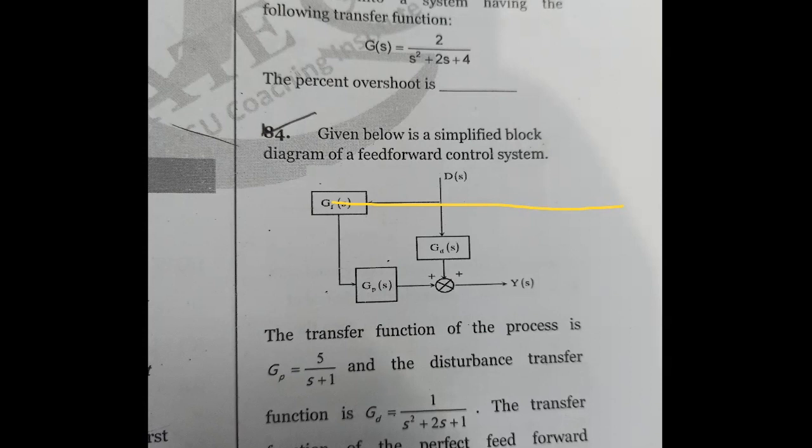They are asking what the options are. So obviously it is plus or minus GD divided by GP. So that GD transfer function, you will be able to write as (S plus 1) whole square. So S plus 1 will be cancelled out and you will get the answer. Clear? So that is feed forward control. These kinds of problems have also been asked, so go through those topic problems as well.